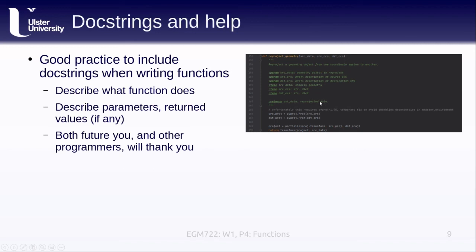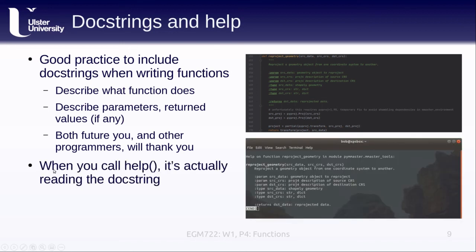So when you're writing docstrings and you include all of this information, future you, as well as anyone else who comes to look at your code, is going to thank you, because it's now very clear what this function does, how to use it, and what you're able to pass to it.